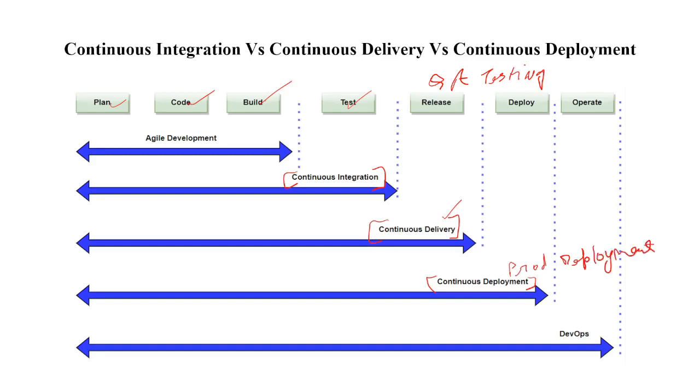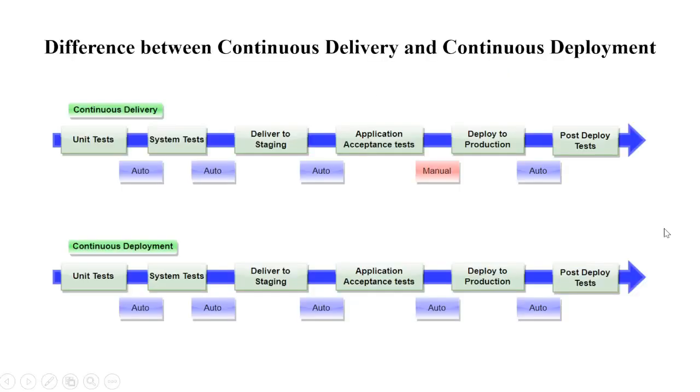Let me explain this with the next diagram. Using this diagram, you will get a clearer understanding of the difference between continuous delivery and continuous deployment. In continuous delivery, unit tests are performed automatically, system tests are automated, delivery to the staging environment is automated, and application acceptance tests are also done.